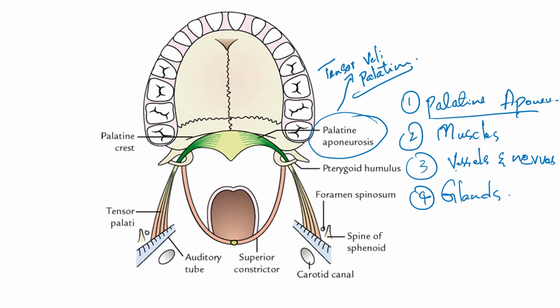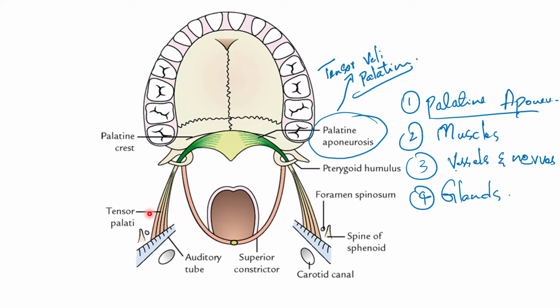The aponeurosis is seen to be attached in front, as we can see here, to the palatine crest, which makes up the free posterior border of the hard palate. On each side, as we can see in this diagram, the aponeurosis is continuous with the tendon of the tensor veli palatini muscle, which is seen to wind around the pterygoid hamulus and then continues with the muscle.